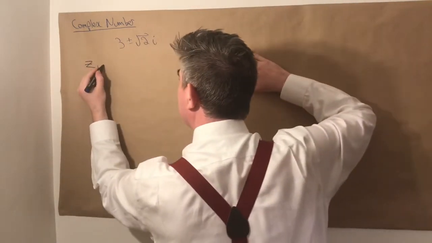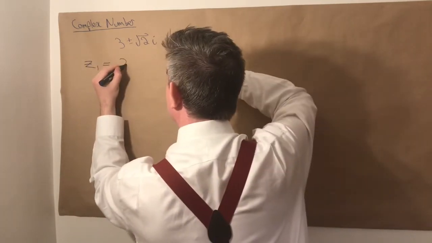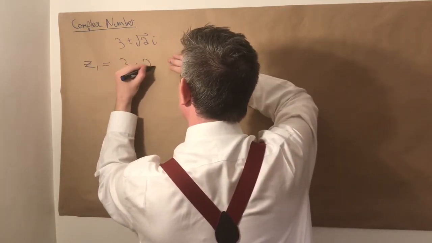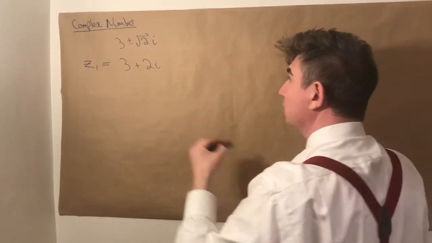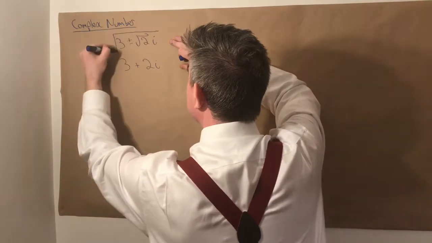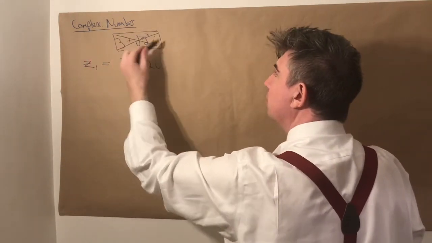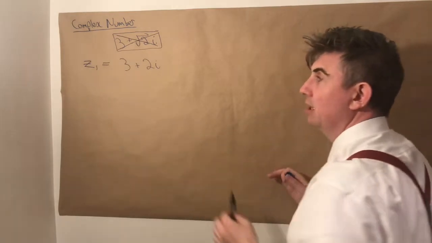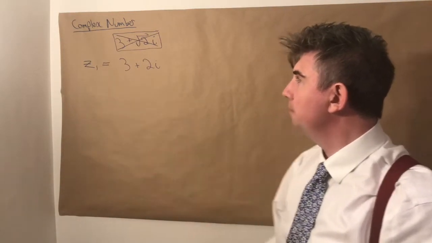Z1 equals 3 plus 2i. So it's nothing to do with this guy up here. In fact, I'm going to cross this out into a box. So we're no longer dealing with this complex number. I'm now going to be talking about this complex number here. And I'm calling that complex number Z1.